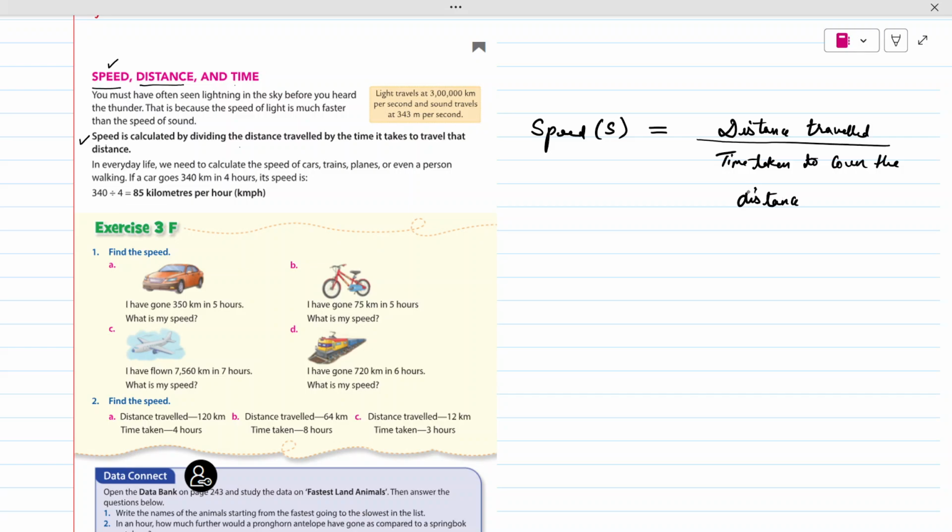Distance is denoted with D and time with T. So S, that is speed, is equal to distance D divided by time T.